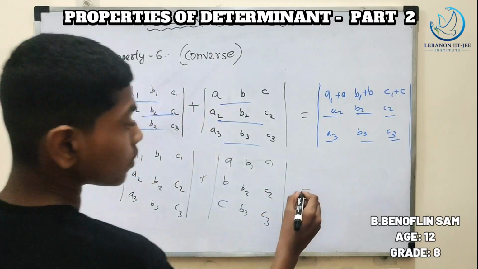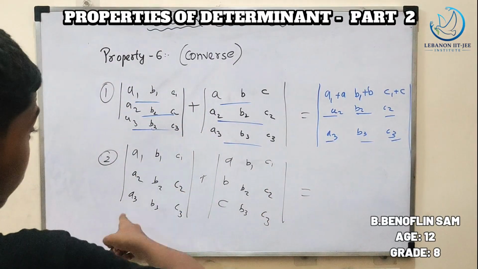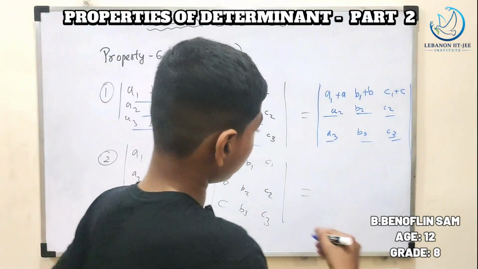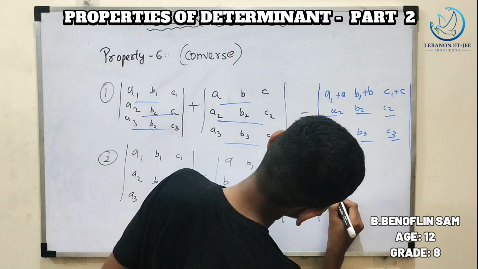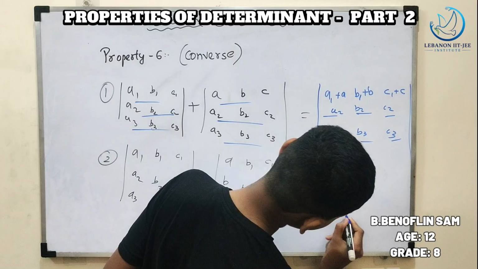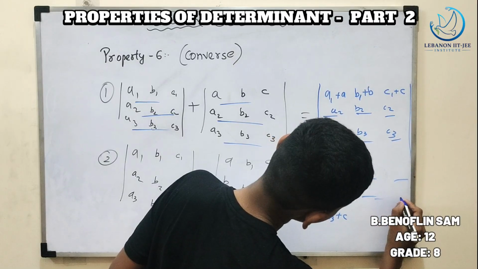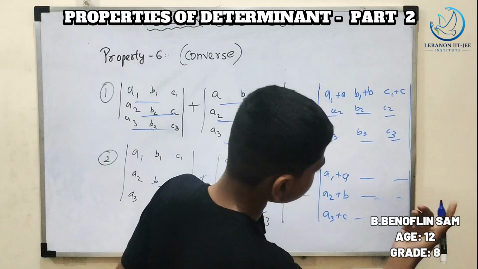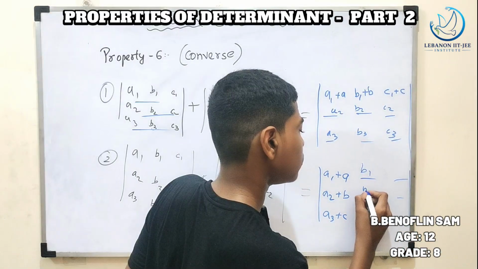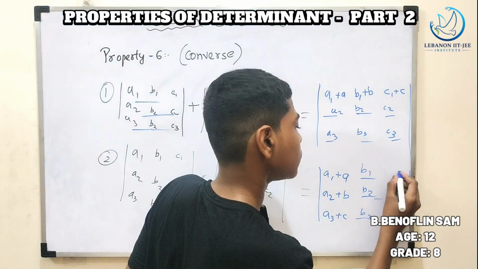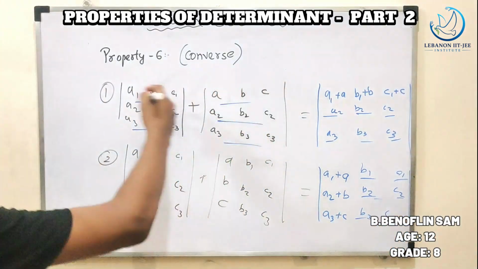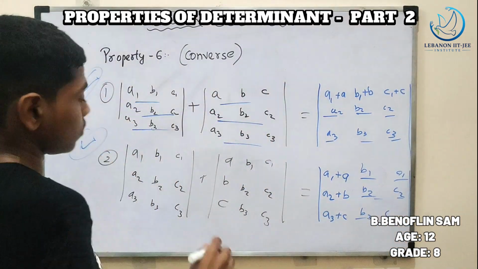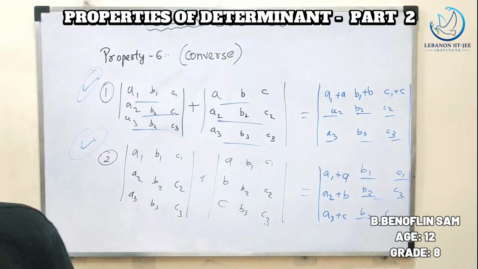If they give this, the column is different, so I write a1 plus a, a2 plus b, and a3 plus c, and the rest stays the same: b1, b2, b3, c1, c2, c3. That's how it is used.